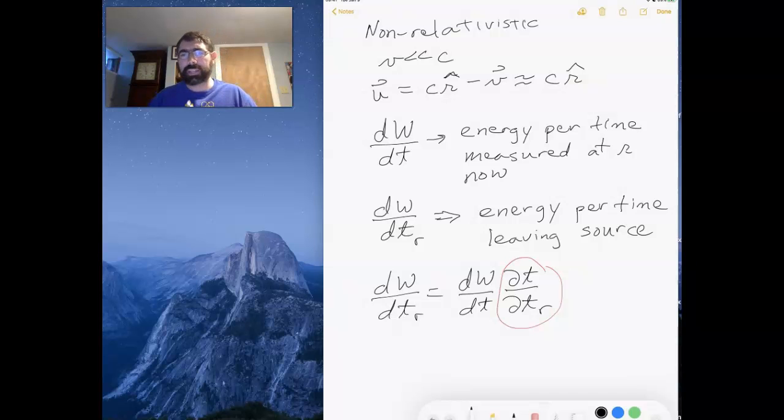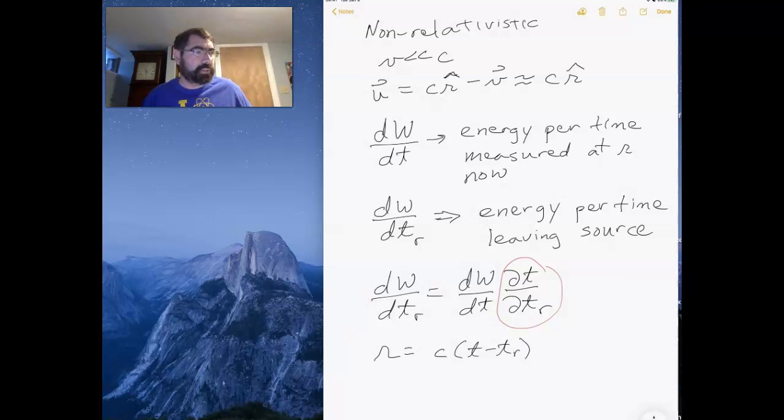If I go back and look at the lectures from chapter 10, I can relate this distance r to c times the change in the time, c(t minus t_r).